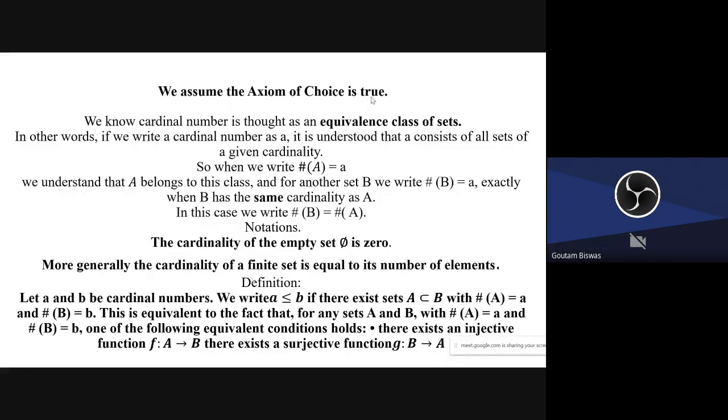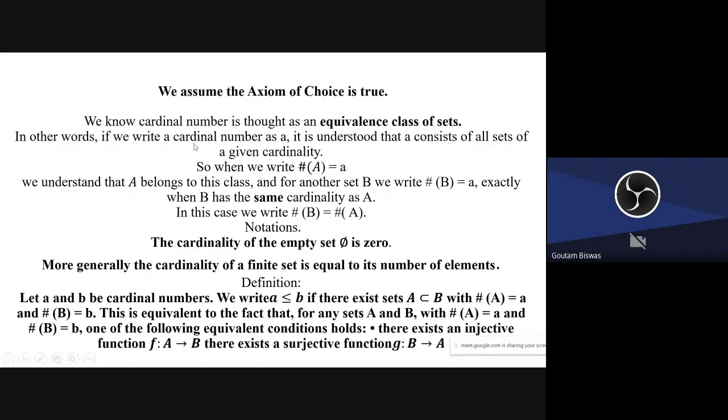So the cardinal number is thought of as an equivalence class of sets due to cardinality. That is, two sets are equivalent, so they follow some equivalence relation. We can show that this relationship holds between two sets of the same cardinality.